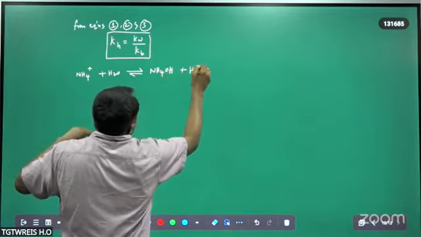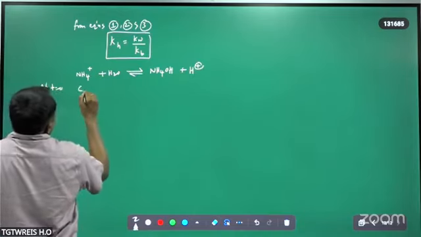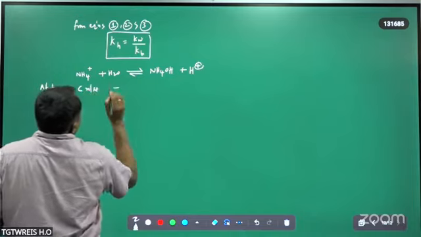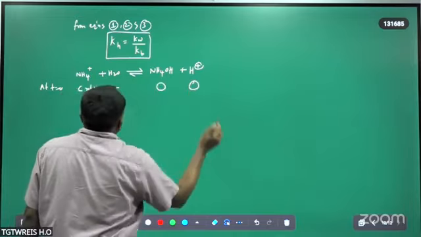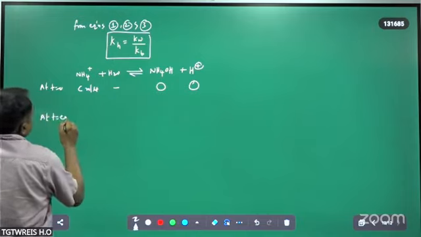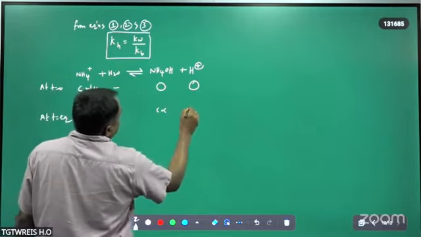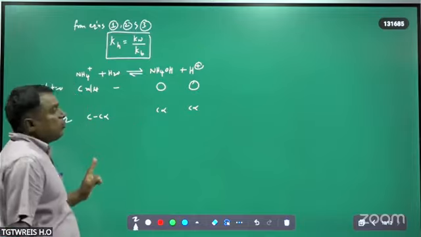plus H plus. So let us at time t equal to 0, take this as C moles per liter, water, and the products are 0. After establishment of the equilibrium, this will be C minus C alpha, and the products are C alpha and C alpha.